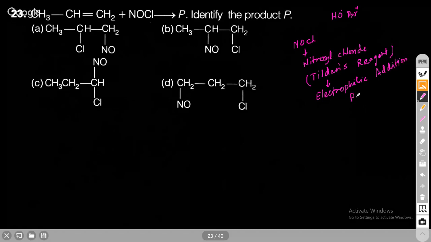Electrophilic addition reaction, right? And in this one, it dissociates like this. We have NO plus and Cl minus. Even NOBr also dissociates in the same fashion: NO plus and Br minus.